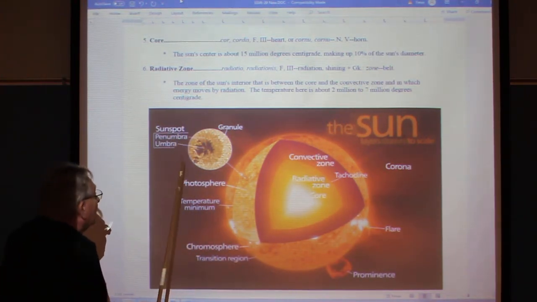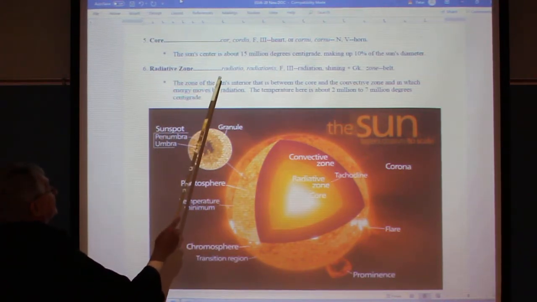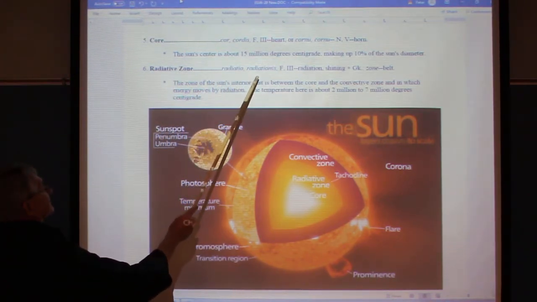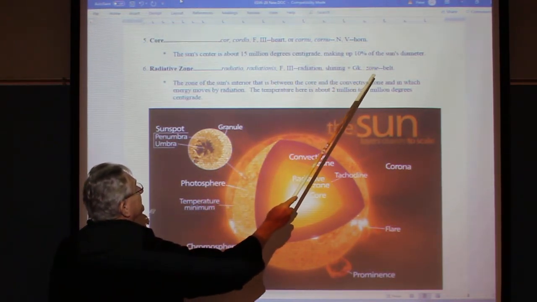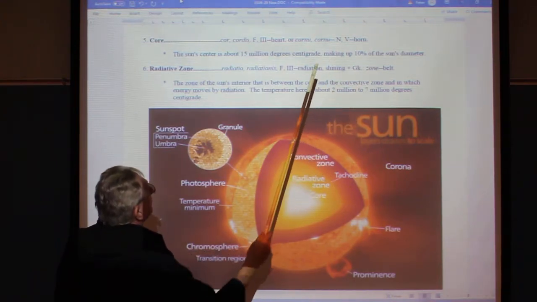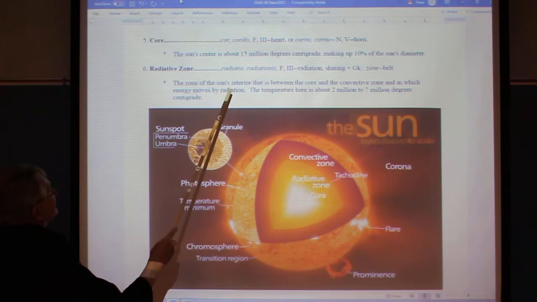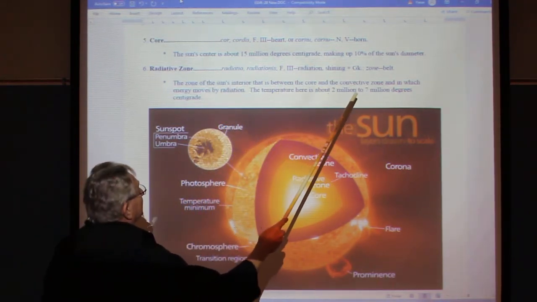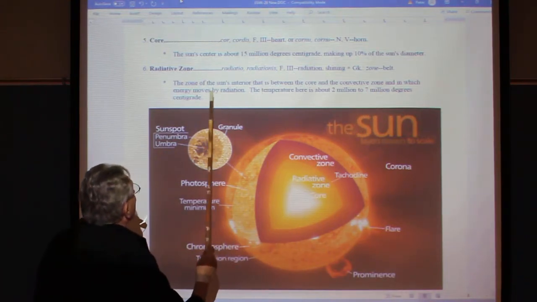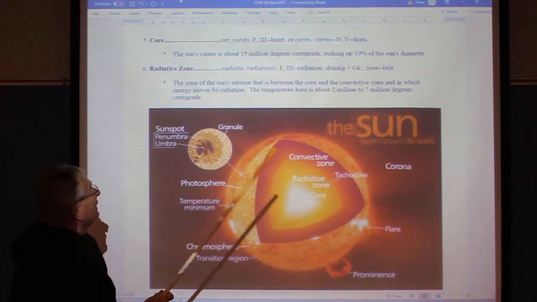And then you have all these zones. So the first one is the radiative zone, from radiatio, radiationis, feminine third, radiation, shining, and Greek zone, belt. Okay? The zone of the sun's interior that is between the core and the convective zone, in which energy moves by radiation all the way out.